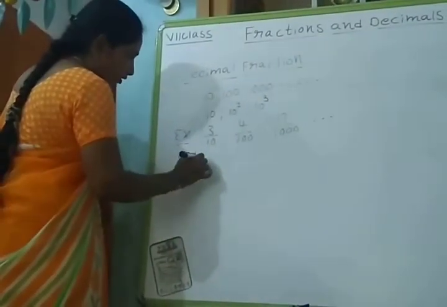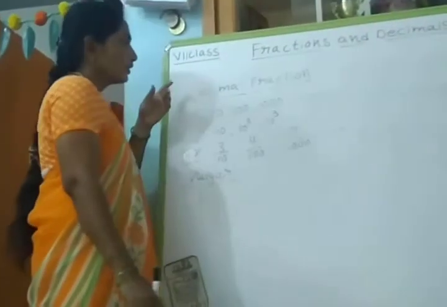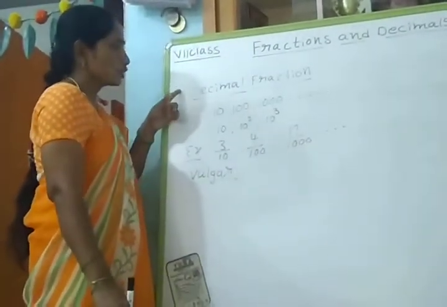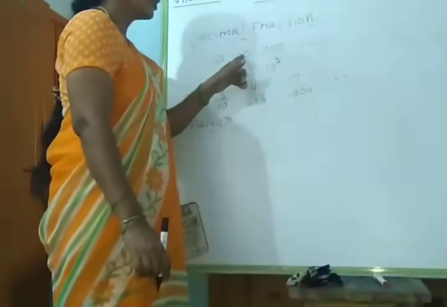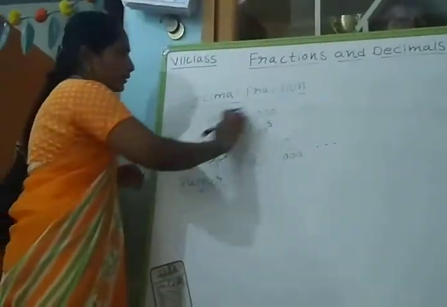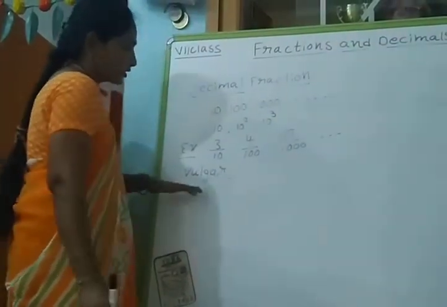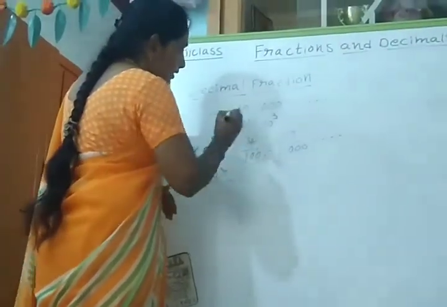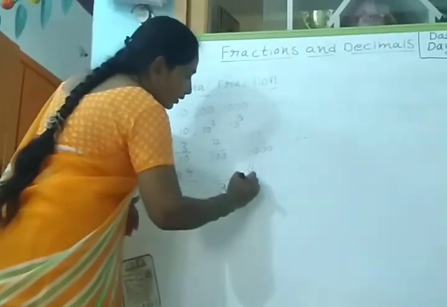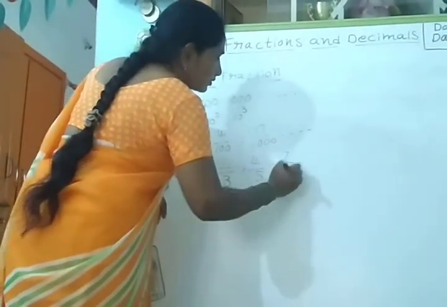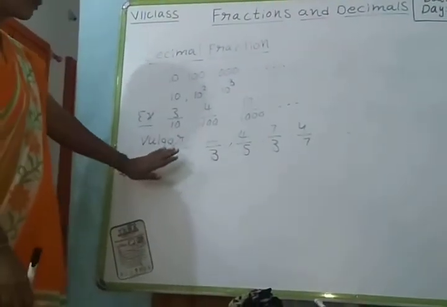Next, vulgar fractions. A vulgar fraction is the opposite of a decimal fraction. Decimal fractions have denominators of 10, 100 or 1000. Vulgar fractions are fractions in which the denominator is any whole number except 10, 100, 1000, 10,000 and so on.